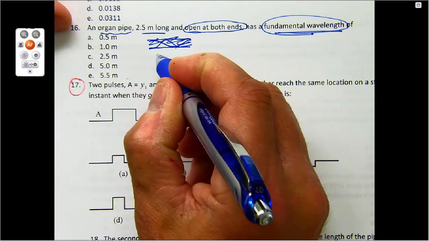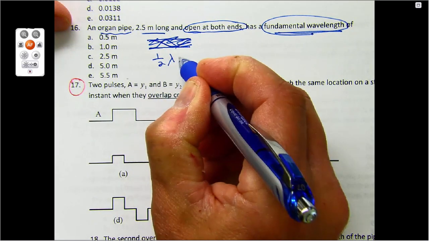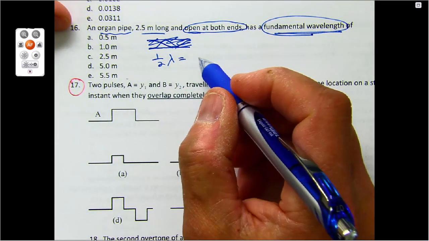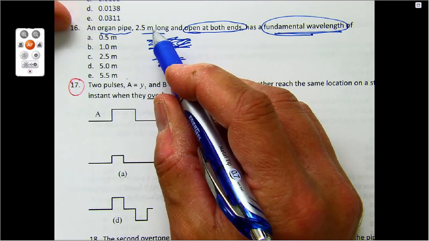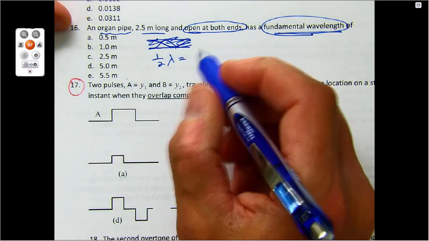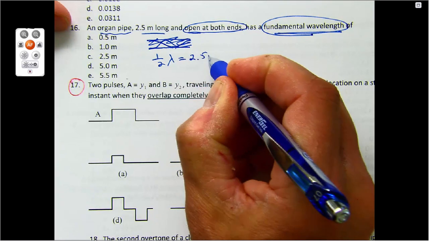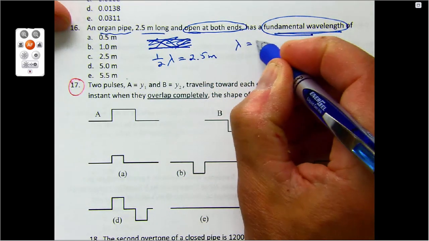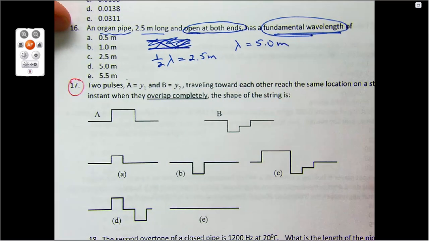This is 1/2 wavelength, right? For the fundamental, that's 1/2 a wavelength. If that's the 2.5 meters, the wavelength should be 5 meters, shouldn't it?